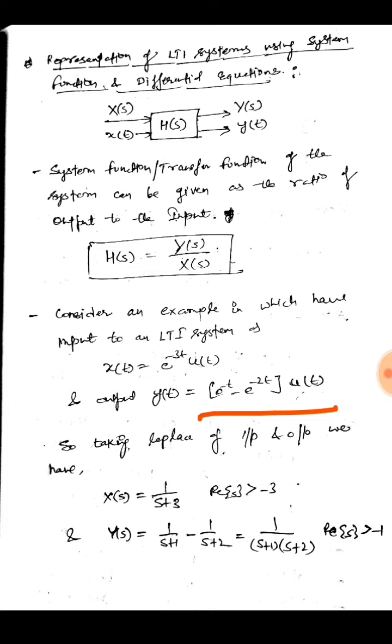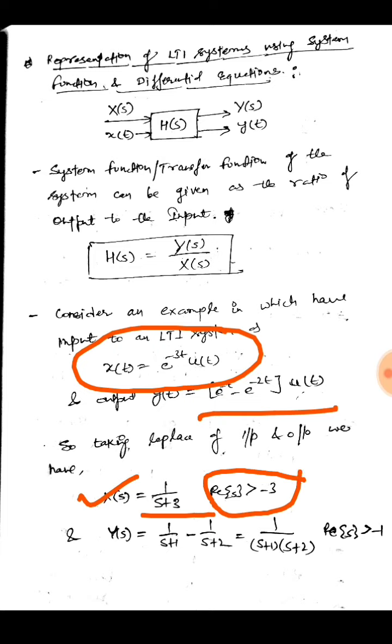So if I take the Laplace transform of both input and output, I will get Xs as the Laplace transform of input signal e raised to power minus 3t ut. It comes out to be 1 upon s plus 3 with ROC real part of s greater than minus 3, whereas the Laplace transform of output would be 1 upon s plus 1 for e raised to power minus t ut and minus 1 upon s plus 2 for the e raised to power minus 2t ut.